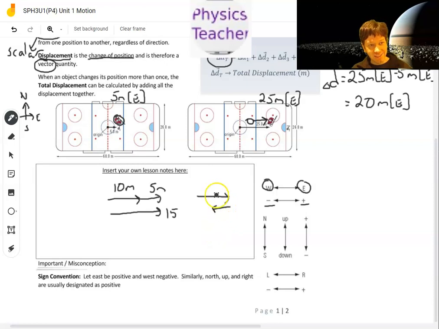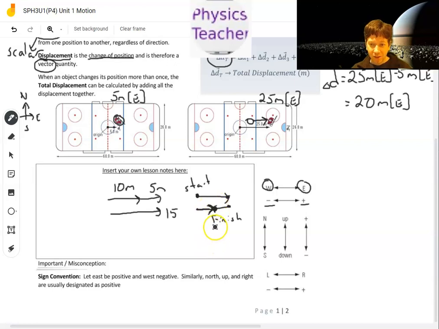Well, if I add these two vectors, you end up with this, right? We start here, go here, and then come back here. So if you compare your starting point with your finish point, what you've essentially done is you've gone from here to here.